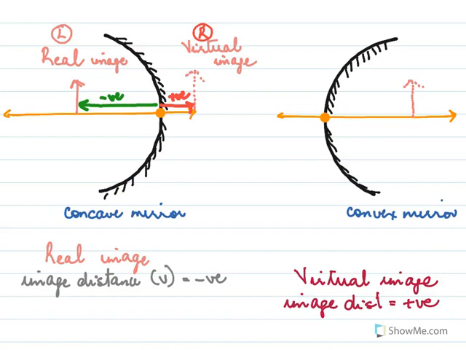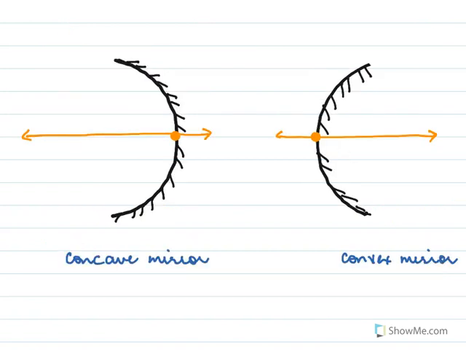And if we want to measure the distance, we measure from the pole, we go towards the right, and hence it will be positive. So in virtual image, the image distance is always positive. Real image, the image distance is negative.